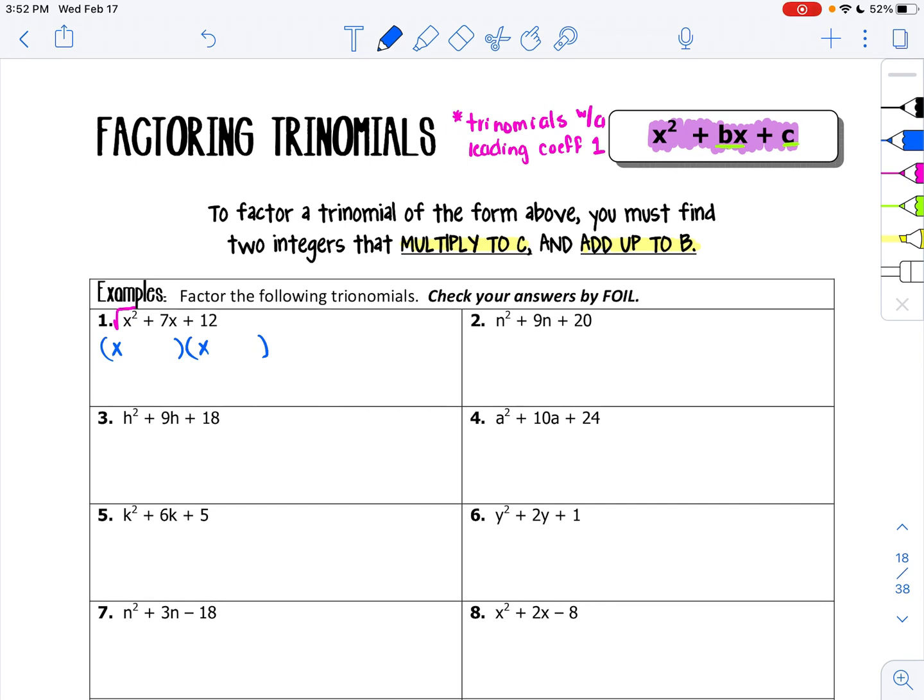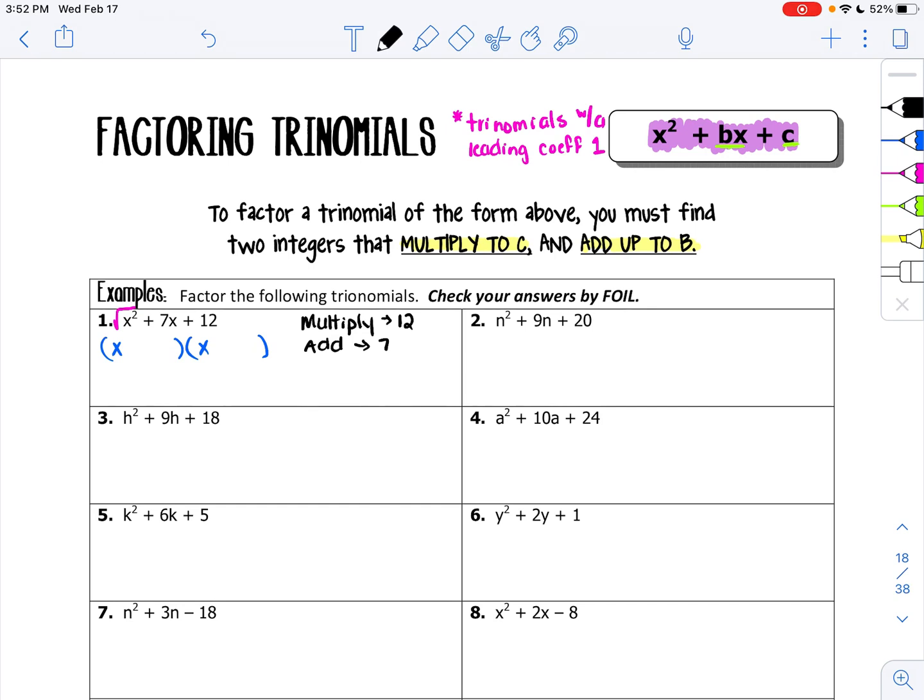Now to get the second terms, I need to think about what can I multiply to get c and what can I add to get b. So what can I multiply in this example that equals 12? And then what two numbers can I add that will equal 7?